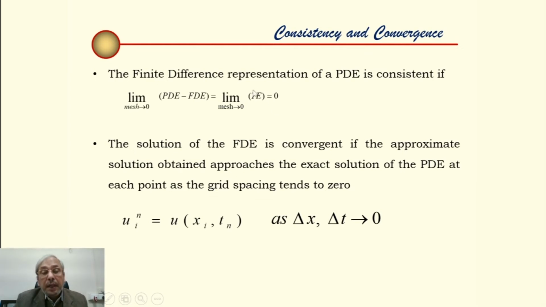if we set the limit mesh equal to 0, it may involve x direction, y direction, time direction, delta x, delta y, delta t. So if all these, delta x, delta y, delta t, tend towards 0, then this truncation error has to vanish.